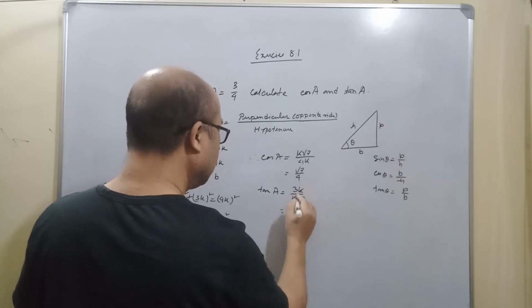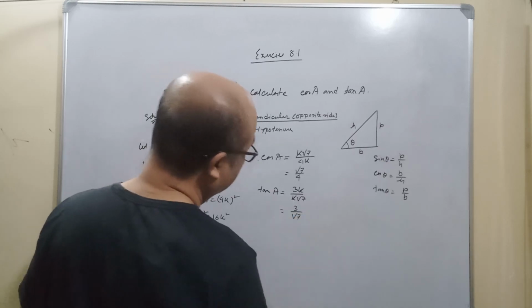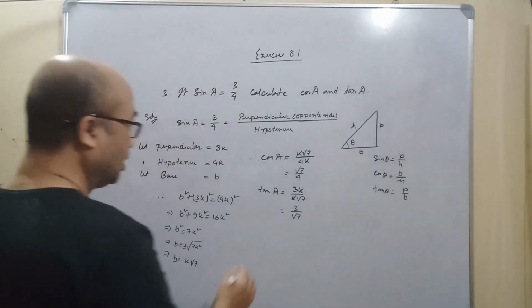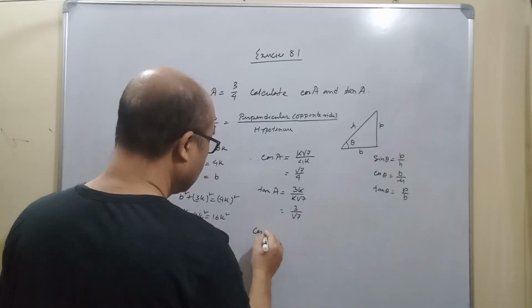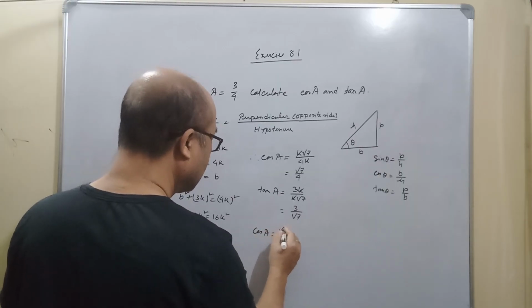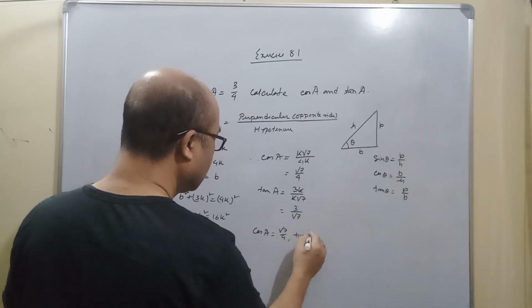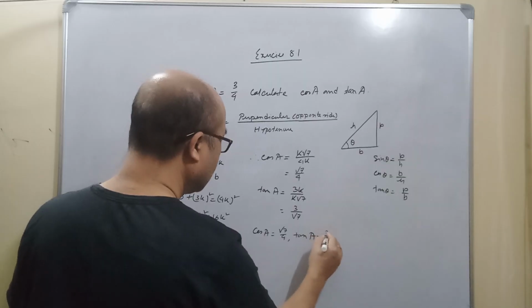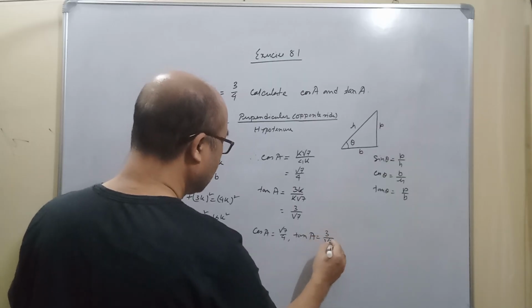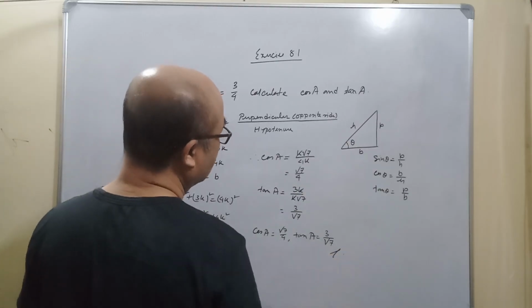Which is equal to 3 by root 7, right? Hence cos A is root 7 by 4 and tan A is 3 by root 7. So this is your answer.